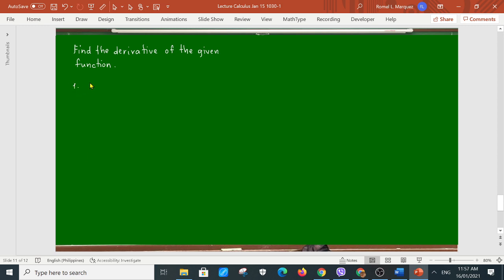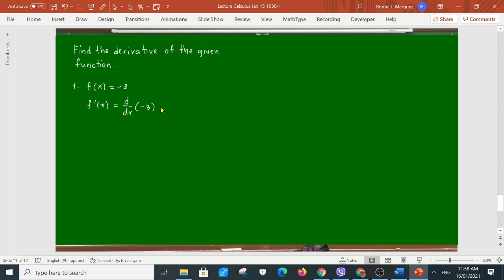Number 1. Let's say my function is negative 3. So that is a constant. What is the derivative? What is f prime? The derivative with respect to x of negative 3. Notice if I differentiate, I put f prime, so it is not just equal, because we are now changing to another function.